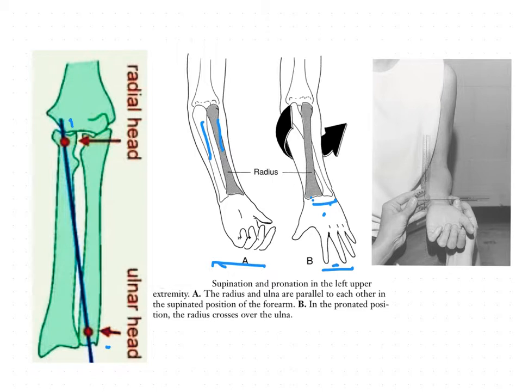What is that? From supination to pronation, there is an ulnar valgus shift. That means from supination to pronation, the ulna is getting towards the body, that is, a valgus shift is seen.